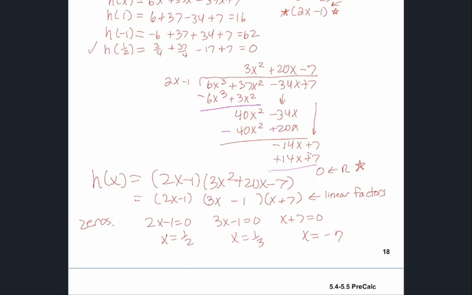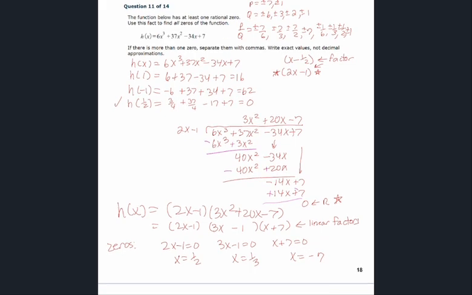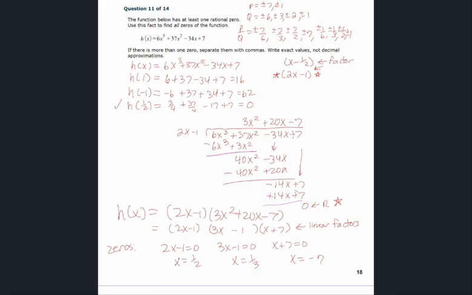If you were to graph this function into Desmos, it would hit the x-axis at positive 1/2, positive 1/3, negative 7. Now they always show the decimal equivalents. So like they would show 0.5, 0.333, and negative 7. Alex, that won't work.